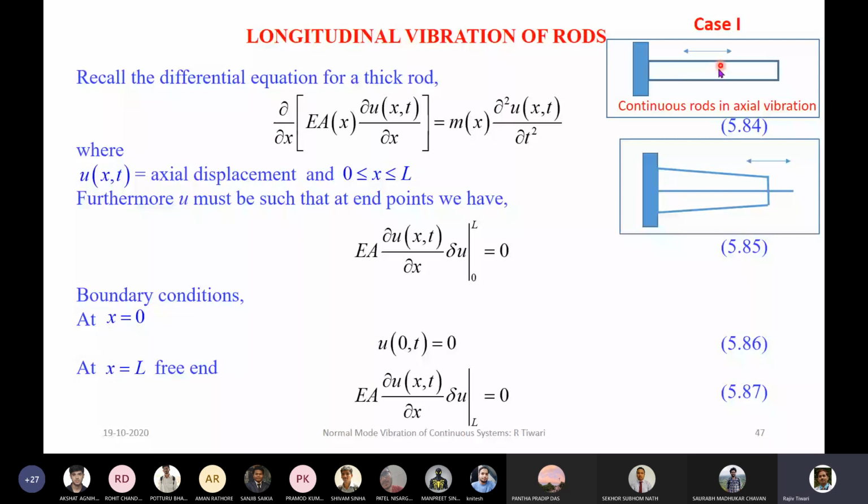Here, initially, we'll take the case of the cantilever. In the string case, we took the fixed case. Here, we'll be taking initially the cantilever case in which one end is fixed, another is free. For this system, we derived the equation of motion, which was a partial differential equation of second order.